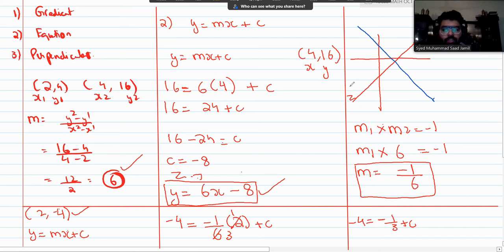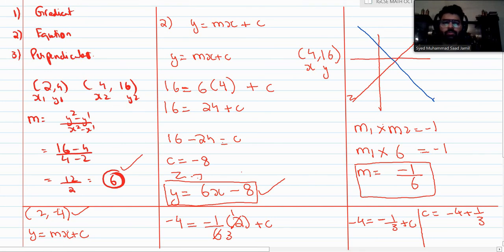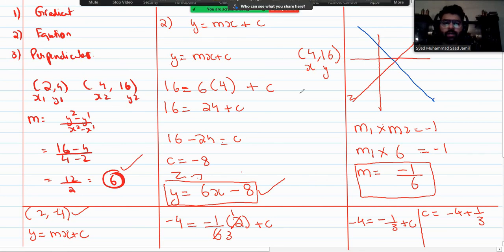We will add 1 upon 3 to both sides of the equation. So this will become c is equals to minus 4 plus 1 upon 3. So basically the answer that we get is minus 11 upon 3.